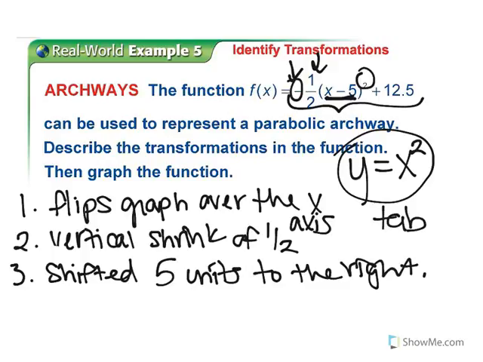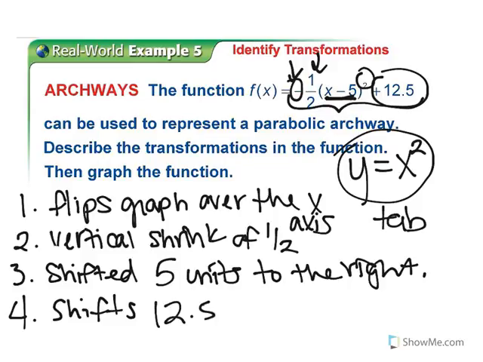And the last thing that happens is we have plus 12.5. And as you can see on your graph, that actually shifts my graph 12.5 units up.